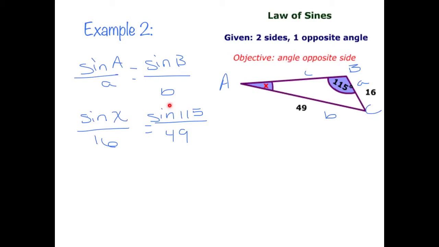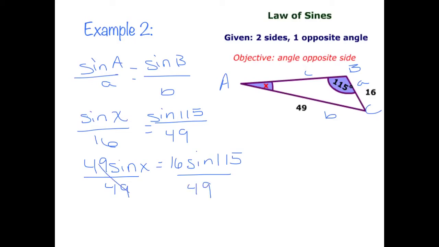So anyway, I'm going to keep solving this, cross multiply. Divide both sides by 49. The sine of x is equal to 16 times the sine of 115 all over 49.